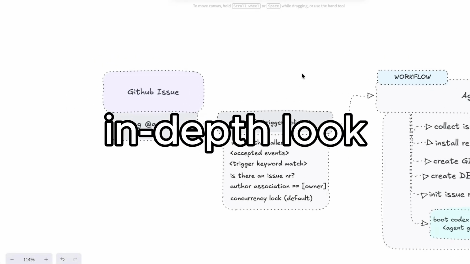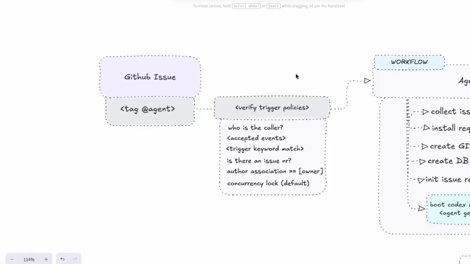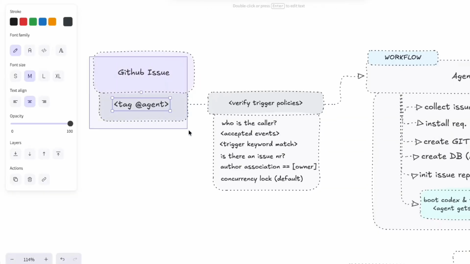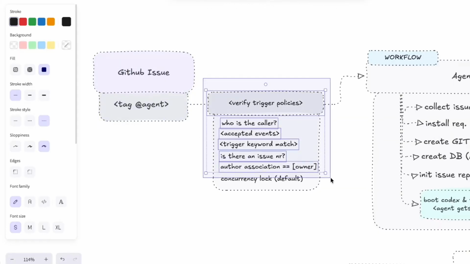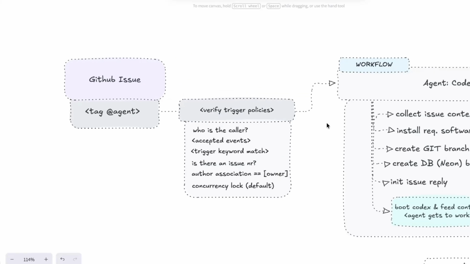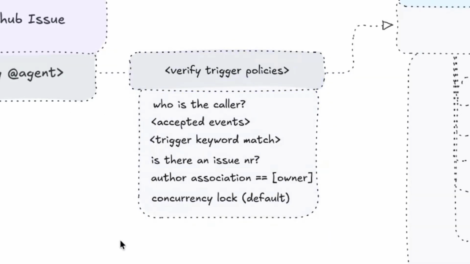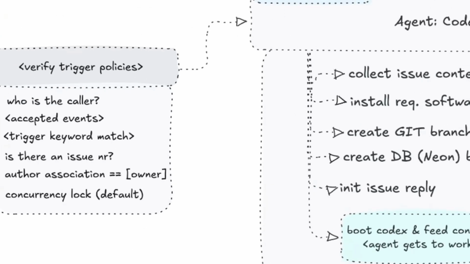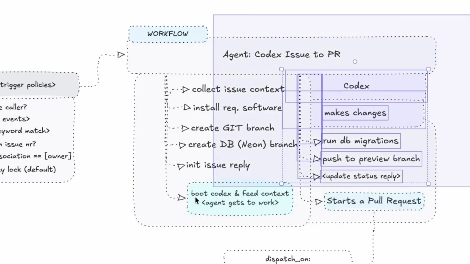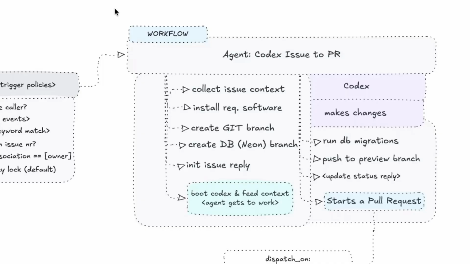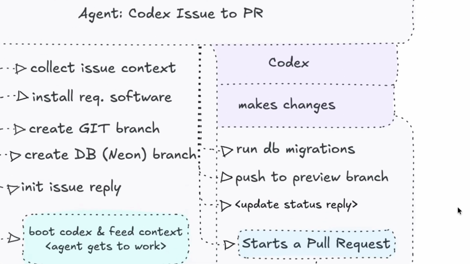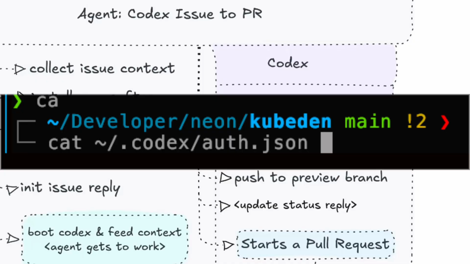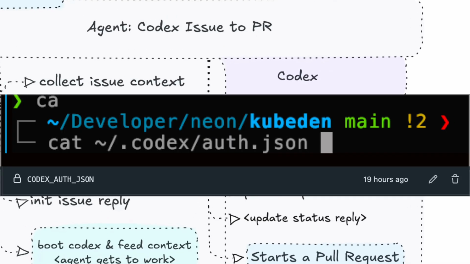Now, going a little bit deeper into how the automation unfolds, when you tag the agent in your issue, a set of verification policies take place because we don't want anyone to be able to call the workflows because, well, it is spending a lot of tokens, right? And by the way, for this specific implementation that I did, I used my Codex OAuth credentials and essentially make use of my OpenAI subscription.